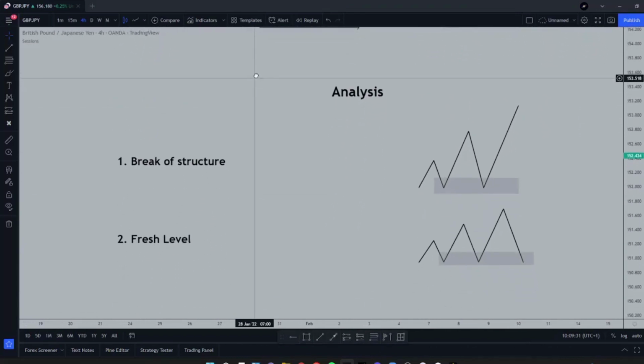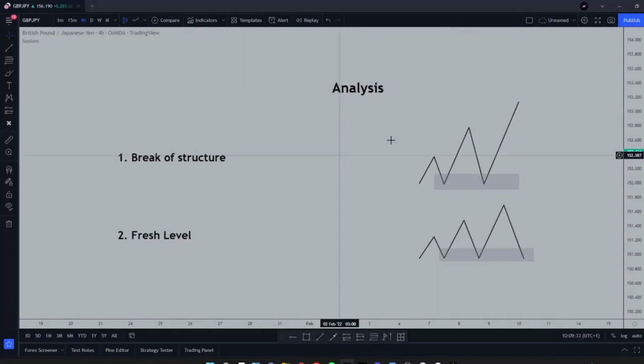So we'll start off with analysis. For analysis, we want to see two things. First of all, a break of structure. As you can see, we had a high over here, and we want to see this high to be broken.